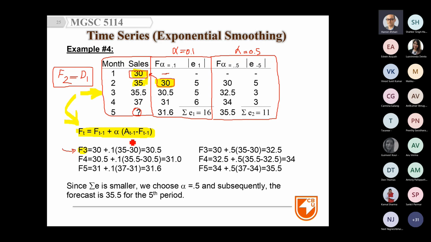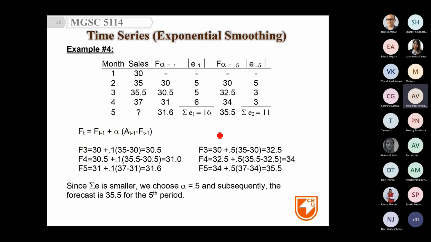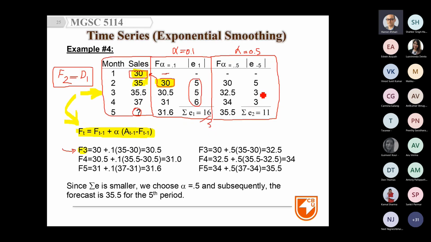I put the numbers, I calculate everything, then I calculate the mean absolute deviation. If I divide it, how many periods do I have? How many numbers do I have here? 3. And the same 3 numbers there.